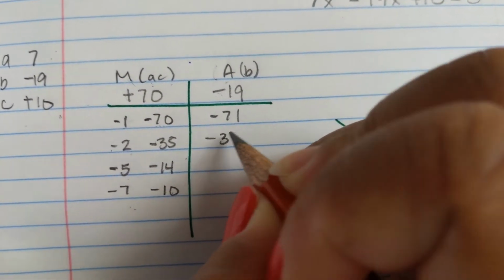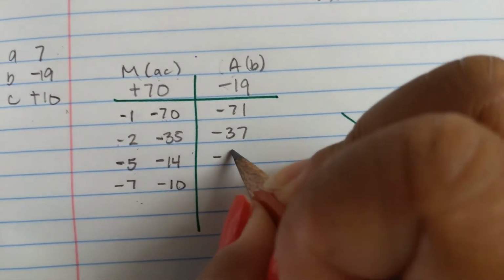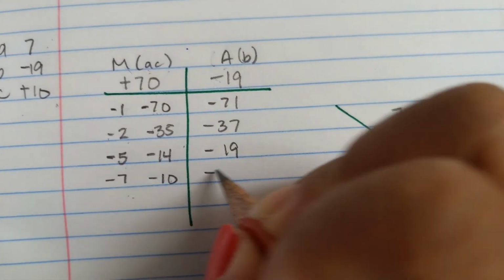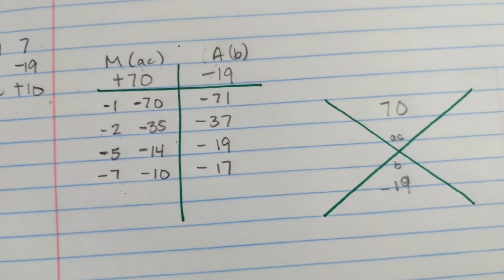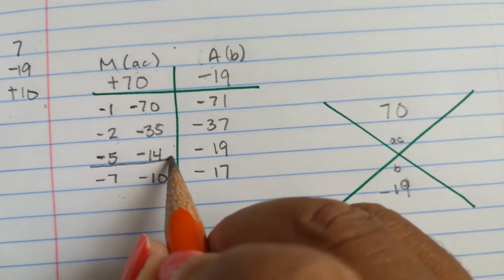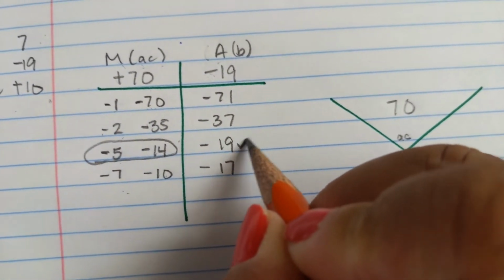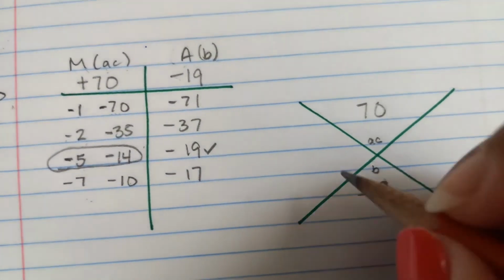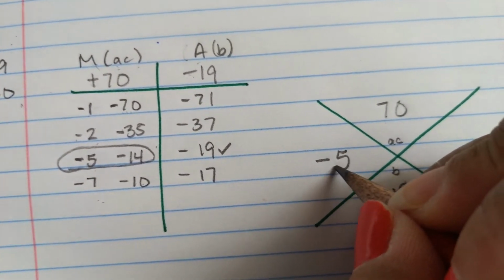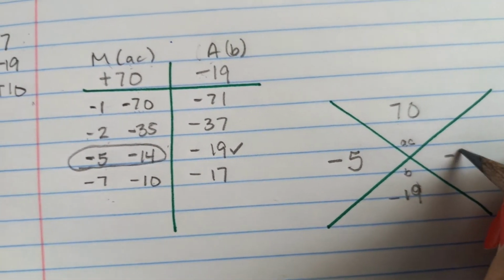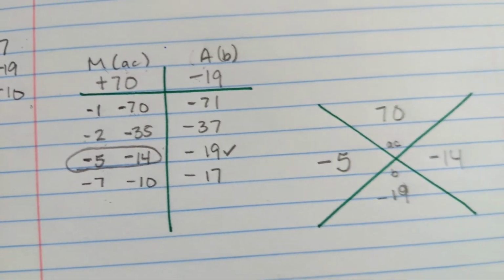I have a negative 37. This is a negative 19. This is a negative 17. The one that I'm going to use is this pairing, because it gives me the negative 19. So over here in my X, I put a negative 5 and I put a negative 14.